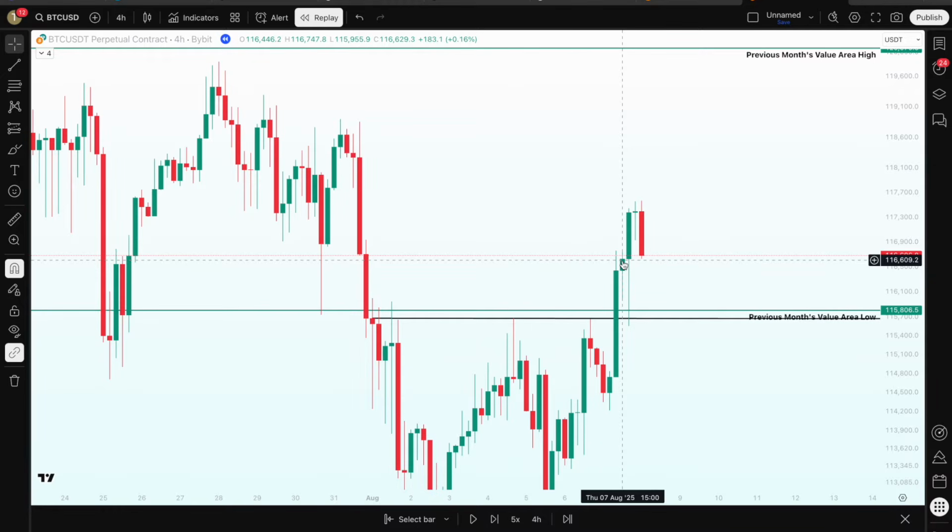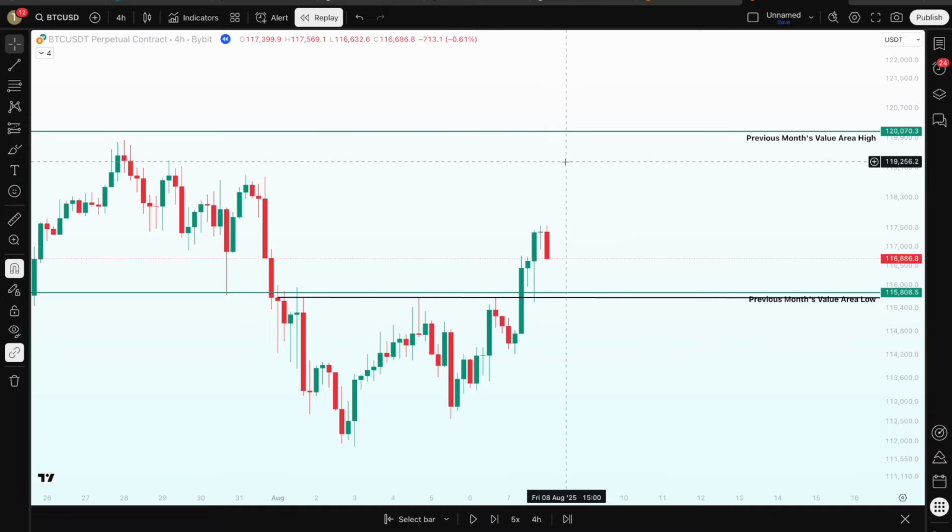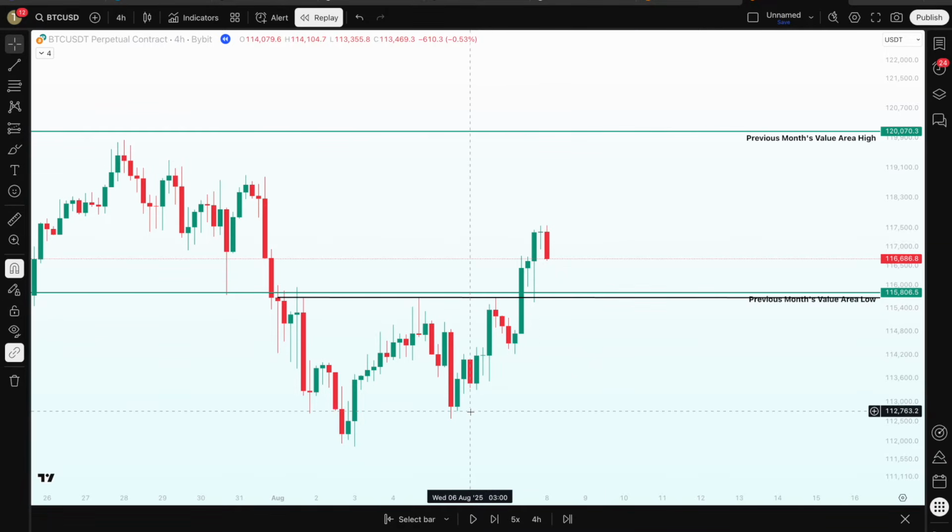So at this moment, when this candle closes, there is an 80% chance that we push up to previous month's value area high during the month of August. It doesn't mean that it has to push up instantly from here. It means that there's an 80% chance that in August, we will push up to $120,000.